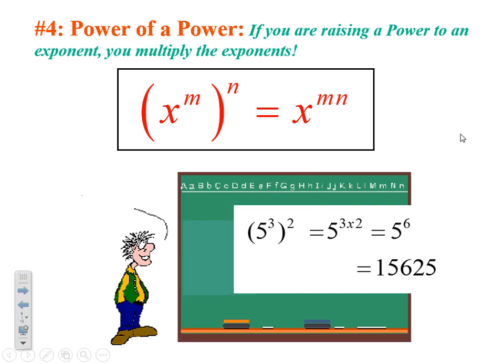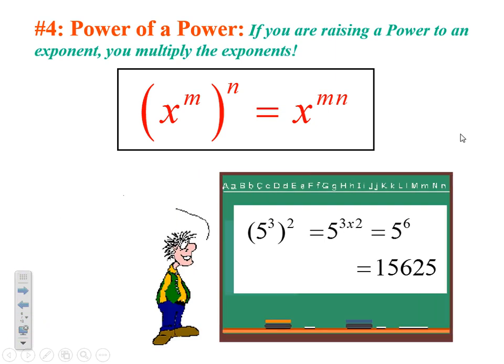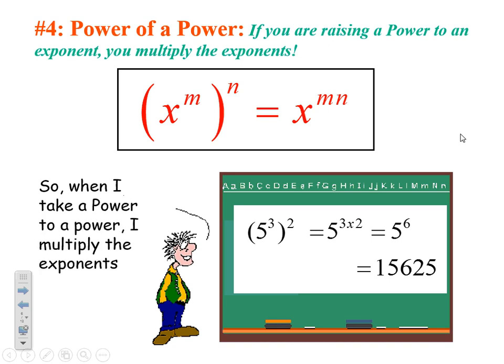So an example of this is going to be 5 to the 3rd, all to the 2nd power, which will equal 5 to the 3 times 2, which is 5 to the 6. You type that in your calculator, 5 to the 6th power, you're going to get 15,625. So when I take a power to a power, I multiply the exponents. All right, here we go. Law number 5.